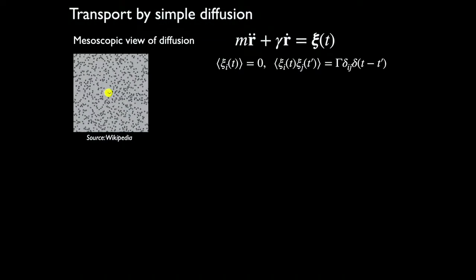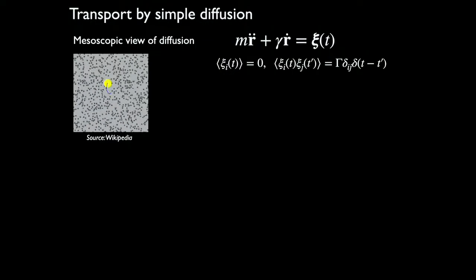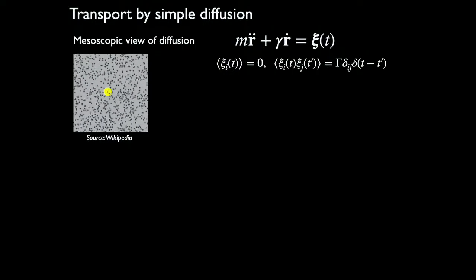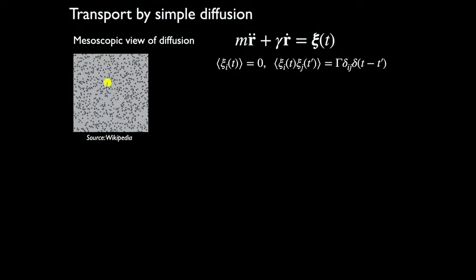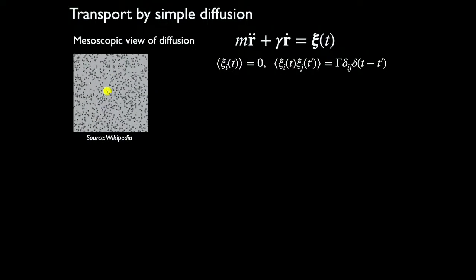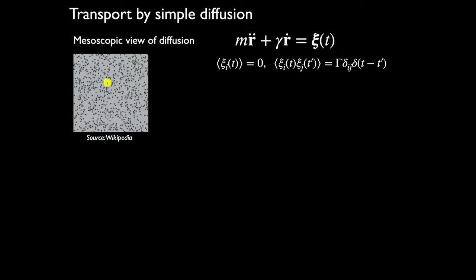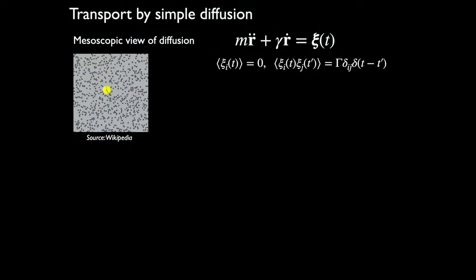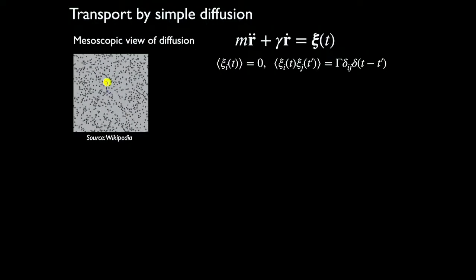So if you think of a fluid which is very dense, which is highly viscous, then this is basically the viscous drag, because this comes from frictional forces: every time it tries to move in some direction, it is feeling some drag force because of the background fluid.